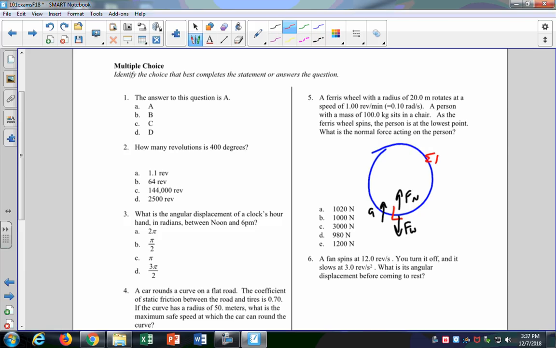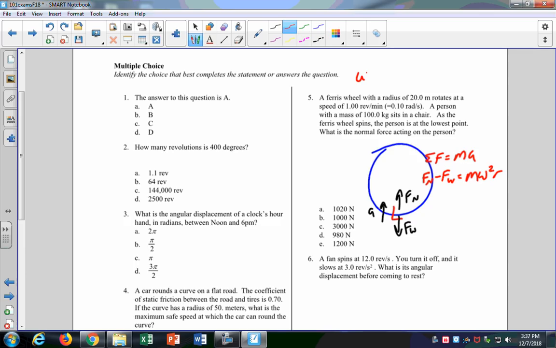I say the sum of the forces is equal to MA. The sum of the forces is Fn minus Fw. And this is where it gets a little different. A is not just A, it's omega squared R. That's my centripetal acceleration.